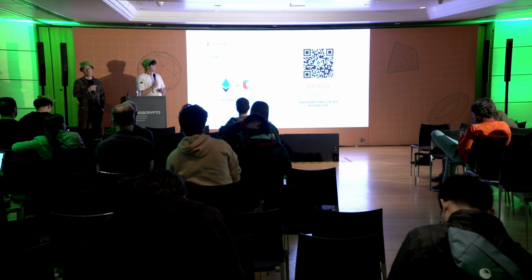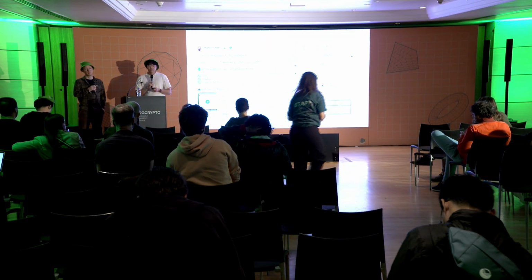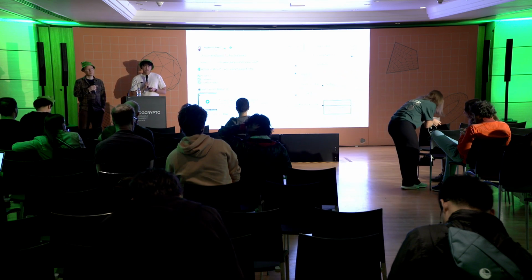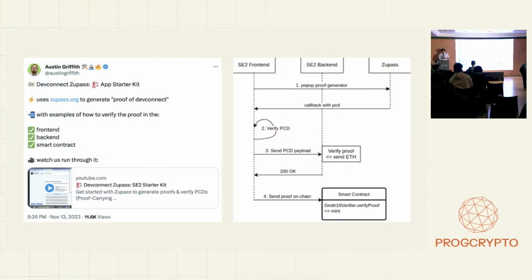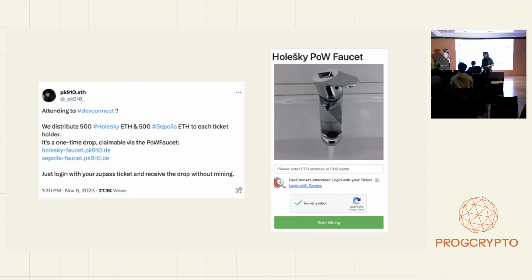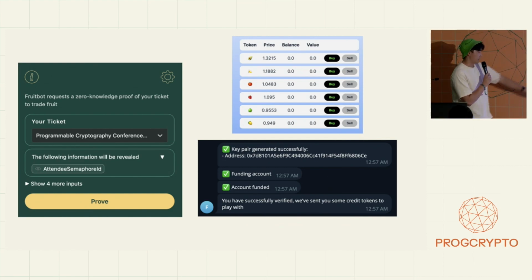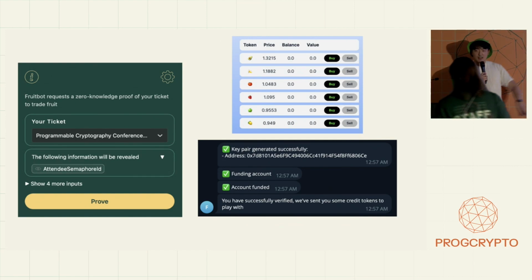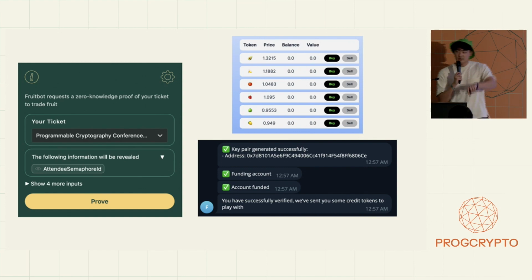Nice. A quick follow-up: as a developer building a web app for such a faucet, I could use the Zupass SDK to determine what information the user will reveal. If I did want the email check or the semaphore ID, that'd just be something I would put in the web app essentially. Yeah, that's exactly right. Everything within this box right here comes from this thing called PCD args, arguments.